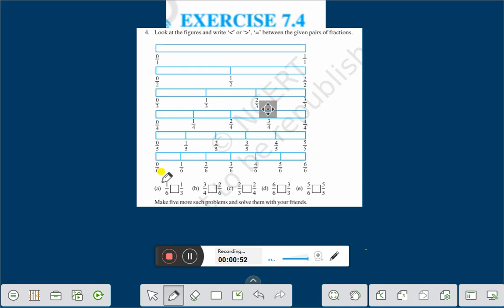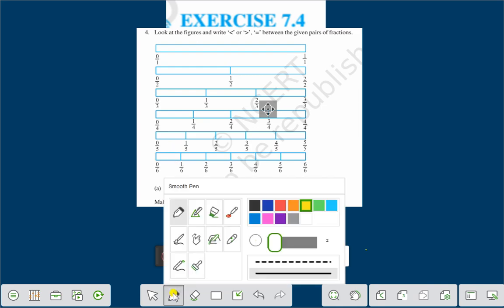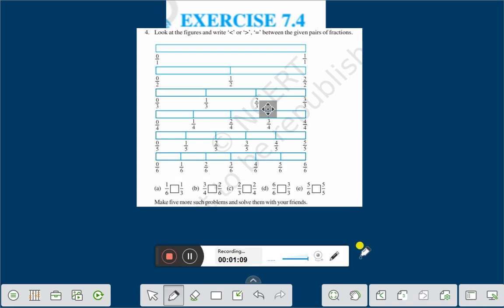Now here you see, if we compare whether 1 by 6 or 1 by 3, which one is greater? If we set this part, it is 1 by 6. 1 by 6 means from here to here.